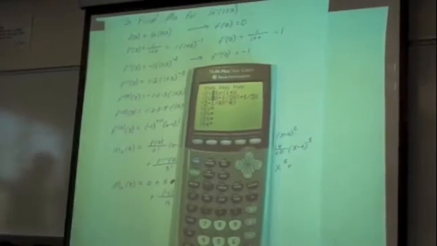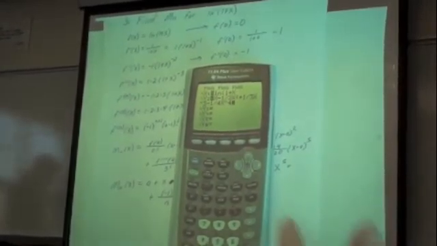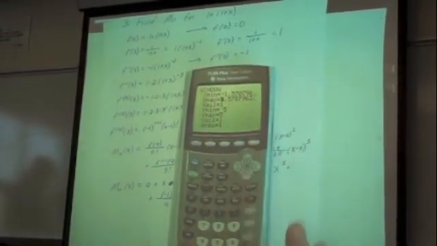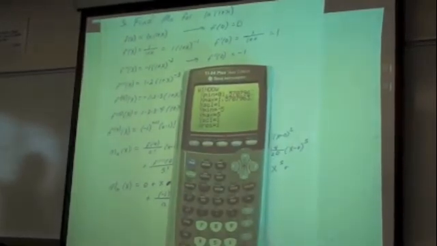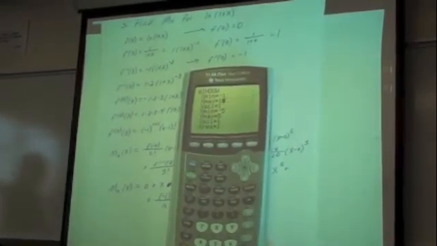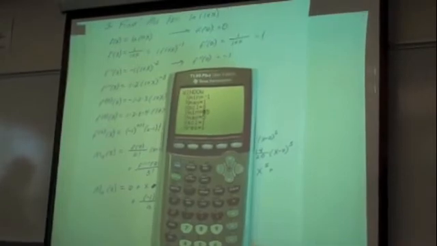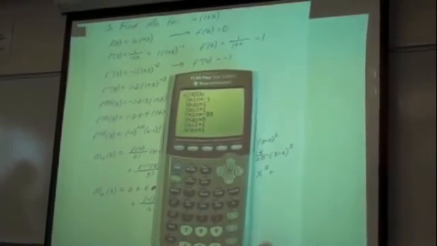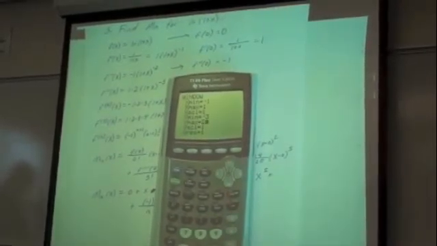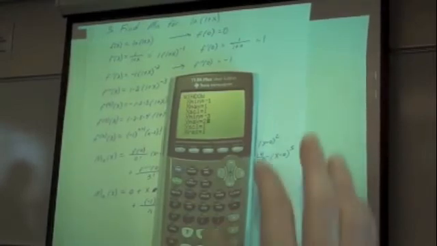I'll stop there for now and say, does this approximate it well? Let me see. Well, if I'm centering it at 0, then I'll approximate from -1 to 1. My y values I'll take from -3 to 2 should work.